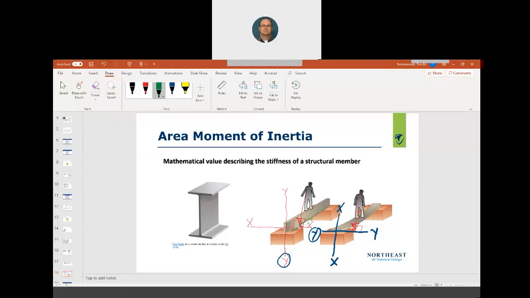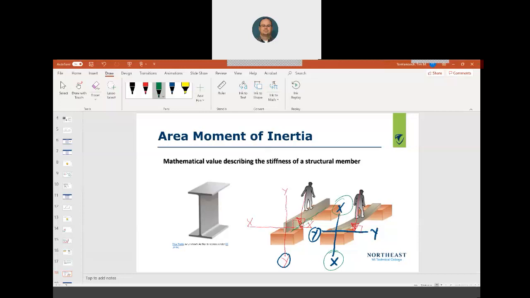But when I lay it flat and put my load against the YY centroidal axis, I get more bending. So by knowing that, I know my moment of inertia about the XX centroidal axis is stiffer than the moment of inertia about the YY centroidal axis. These are actually two different numbers, so we're going to pick the bigger number.